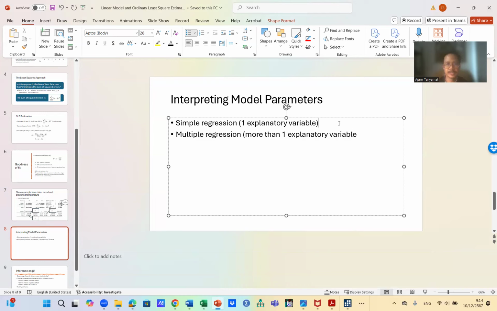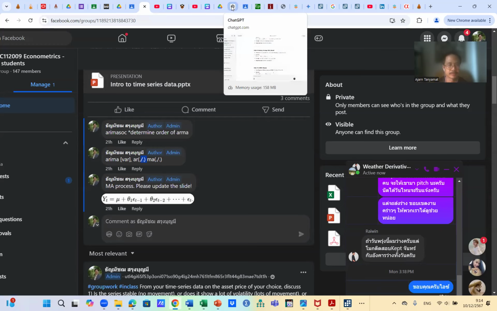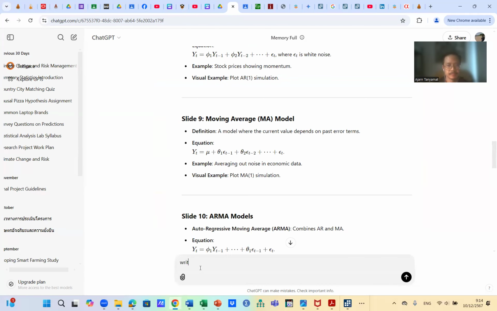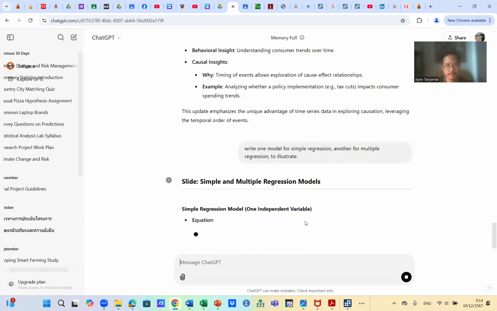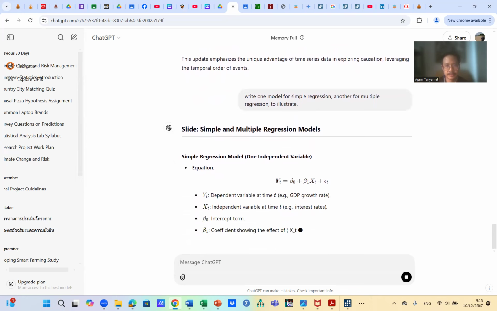Okay, so simple regression looks like this.